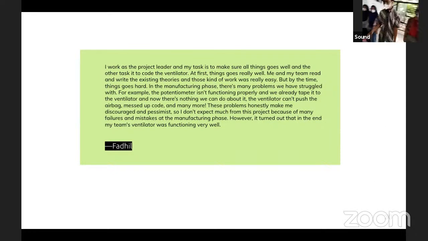But in the end, we could still fix the ventilator. It turns out that in the end, my team made a ventilator that functions really well.